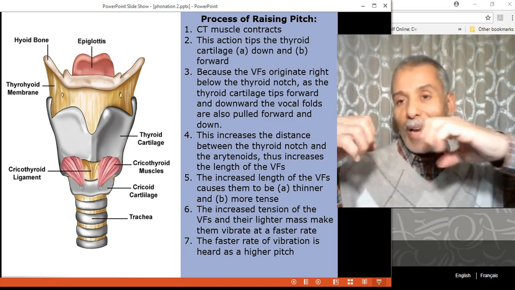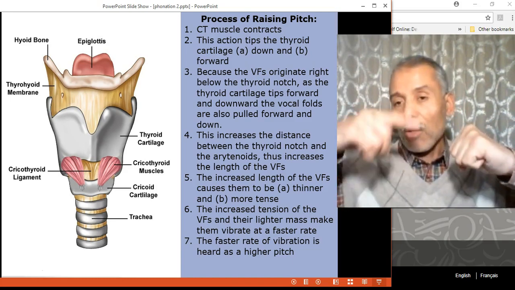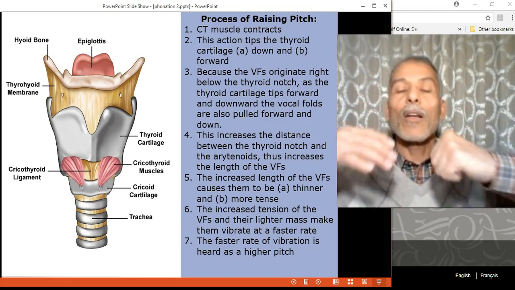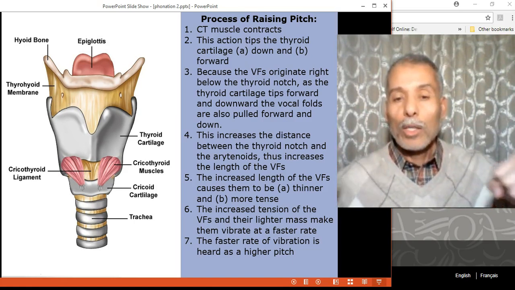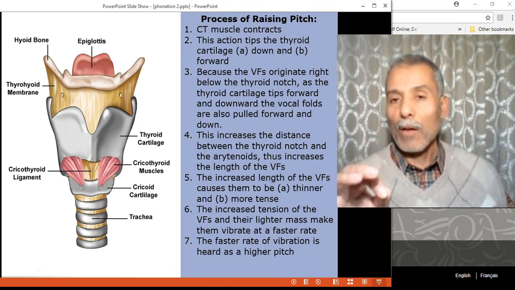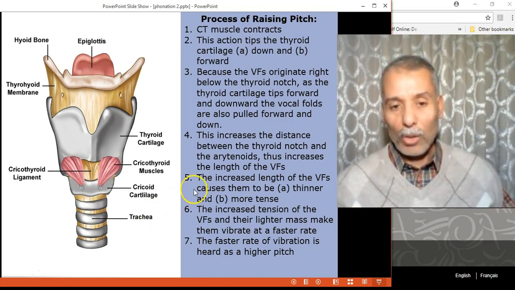So it contracts. As it contracts together at the same time as the cricothyroid, it is going to stiffen the vocal folds even further. It will make the tension even more. So remember to mention the contributions of the thyrovocalis muscle. I've told you here, so you need to add it.